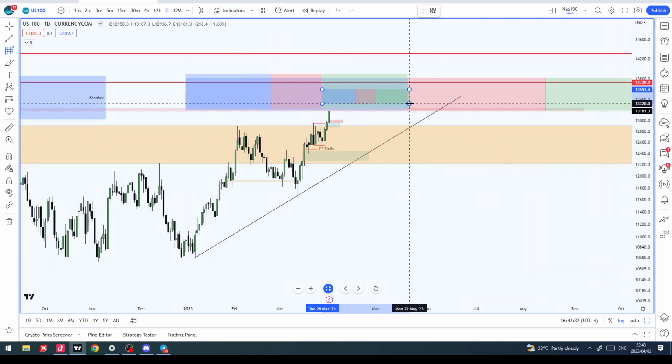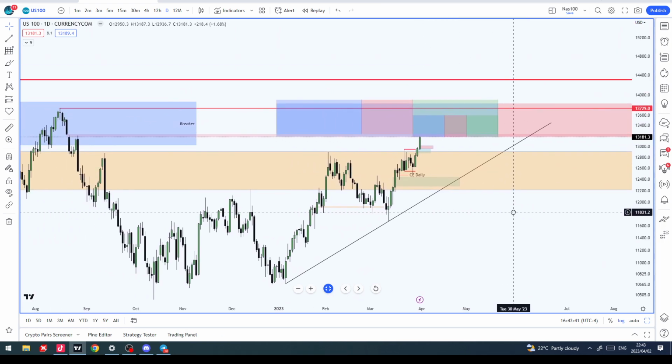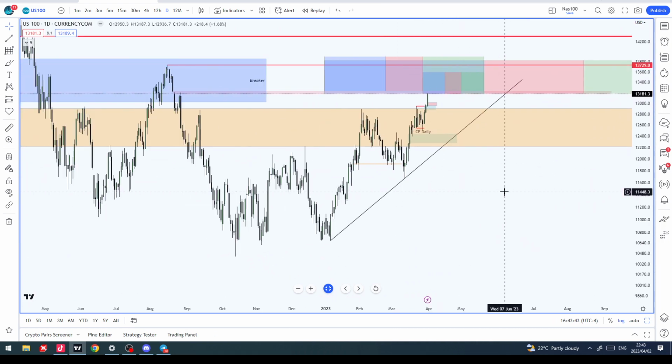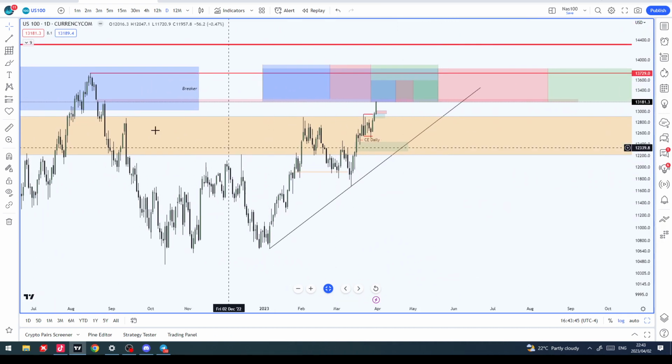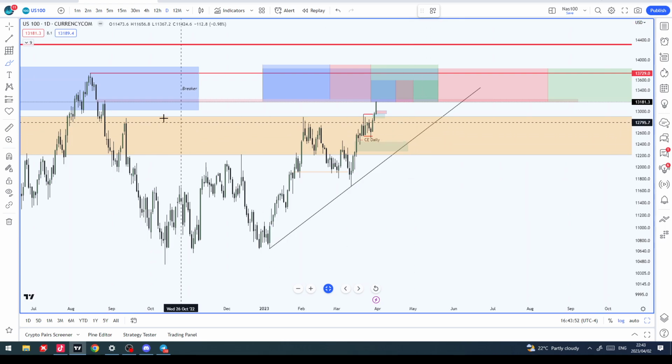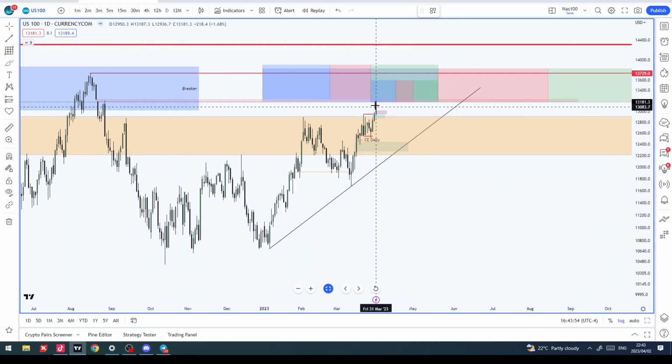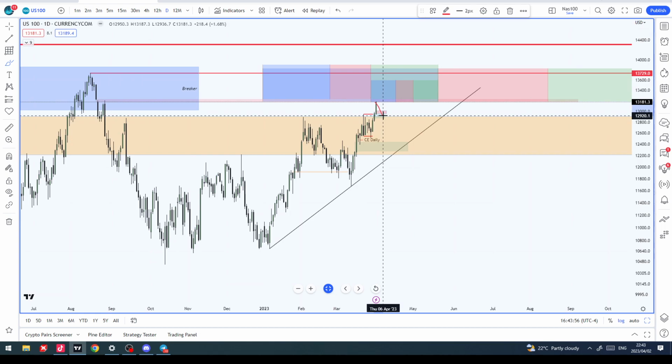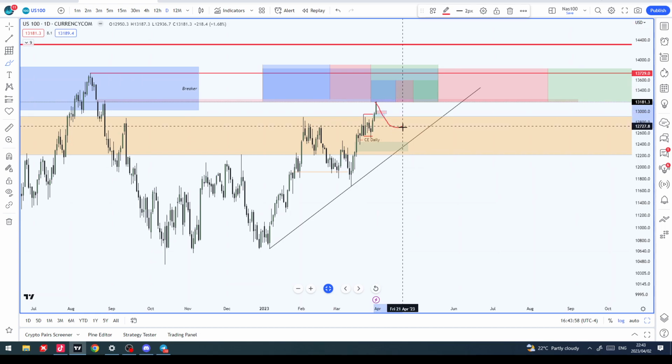Does that make sense, because with the Bitcoin cycle, we're expecting it to drop until around that time, right? So Nas up, Bitcoin down. Same with NAS here. They could do this, do that, and do that.